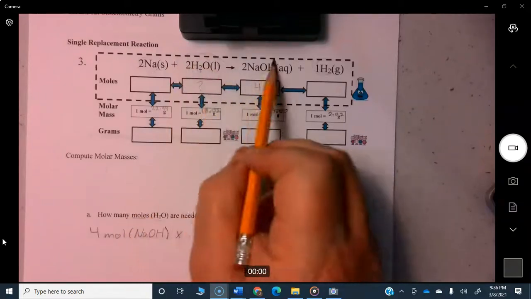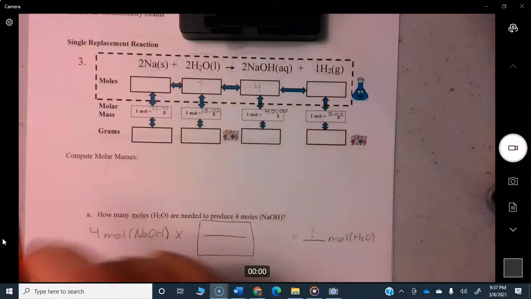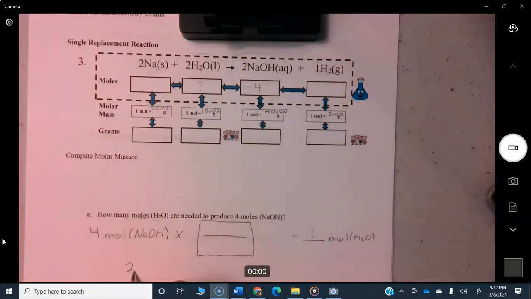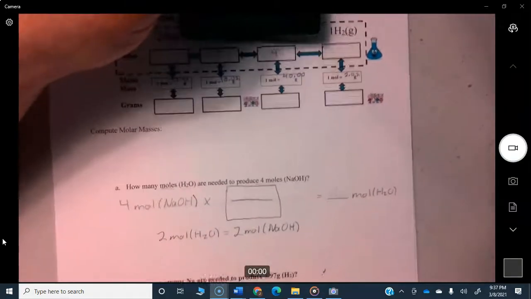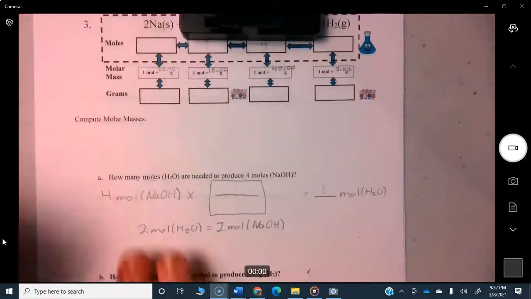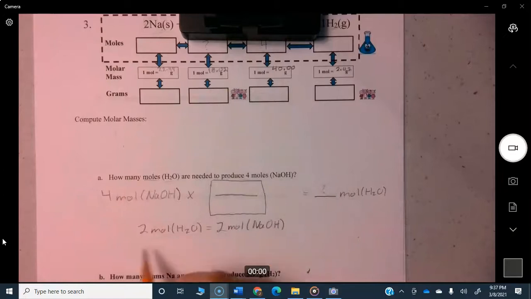It's 2 H2O produces 2 NaOH. So there it is, straight from the equation. So now we can set up the ratios.